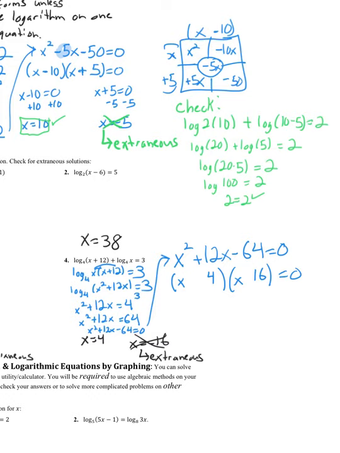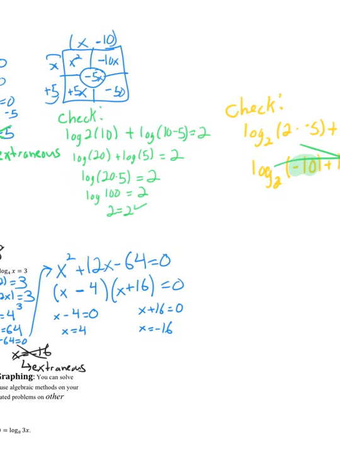And what happens is if we do a positive 16 and a negative 4, that's going to get us a positive 12 over here. And when we set these up over here, we get an x plus 4 equals 0, or an x minus 4 equals 0, and an x plus 16 equals 0. So we get an x equals 4 and an x equals negative 16. And that brings us to the check.